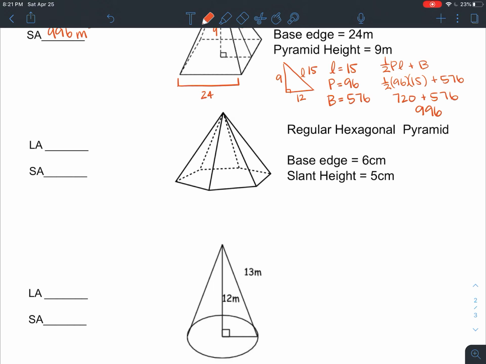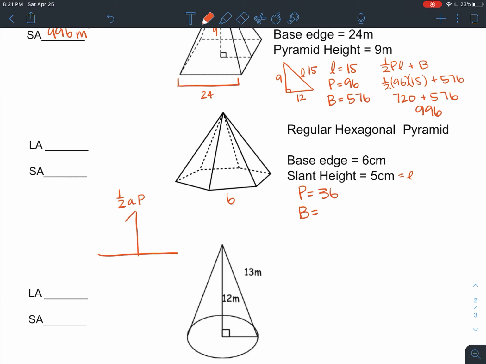So here we have a regular hexagonal pyramid. We need the same 3 things. We have our slant height, we have our base edge of 6. So our perimeter will be 6 times 6, which is 36. And then for the area of our base, we're going to have to use that 1/2 apothem times perimeter.